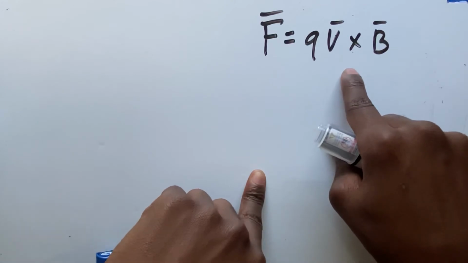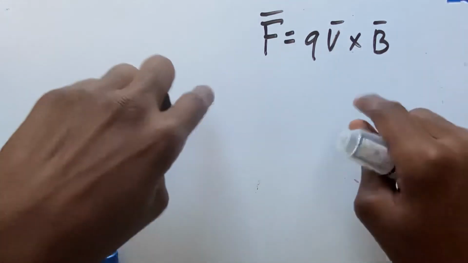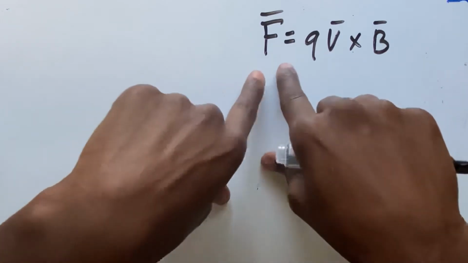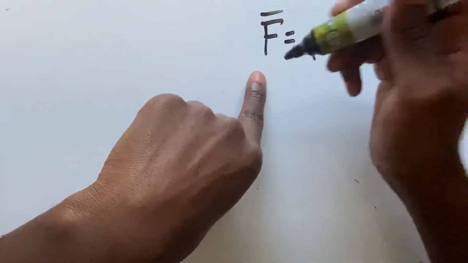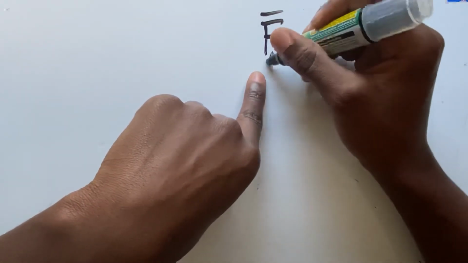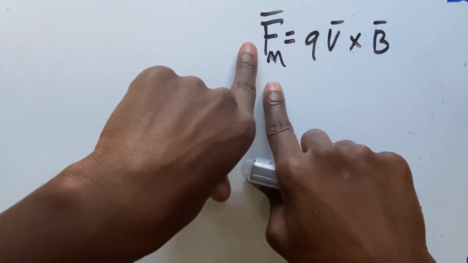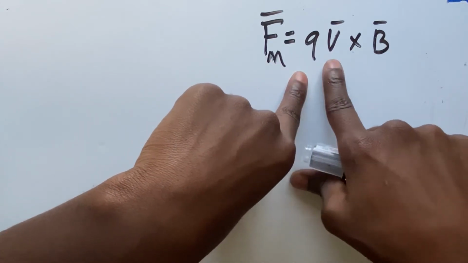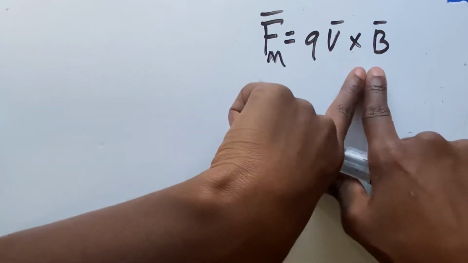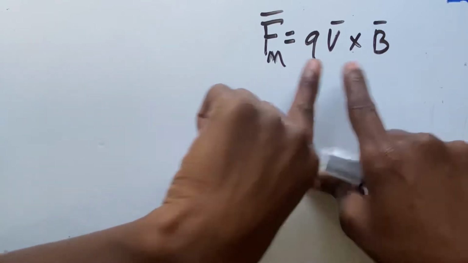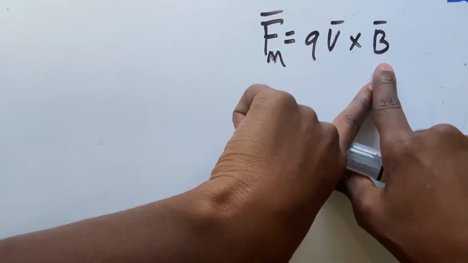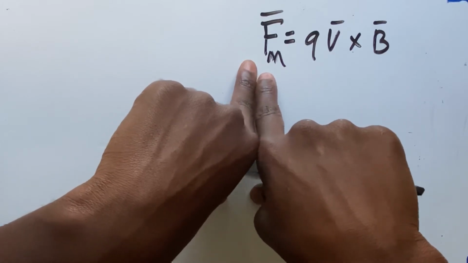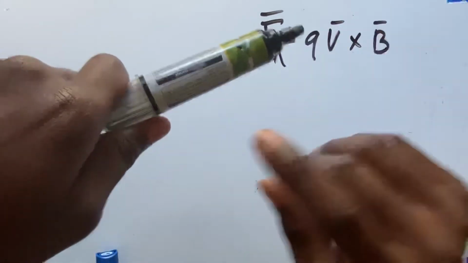This is something called a cross product. I don't think you have to worry too much about what this cross product is or what it means, but just know that this is the magnetic force, and put a little M there. This is basically the force on a charge with some velocity moving in some external magnetic field. So if you have some charge with some velocity moving in an external magnetic field, it's going to experience some magnetic force. And the direction of that force is given by the right-hand rule.